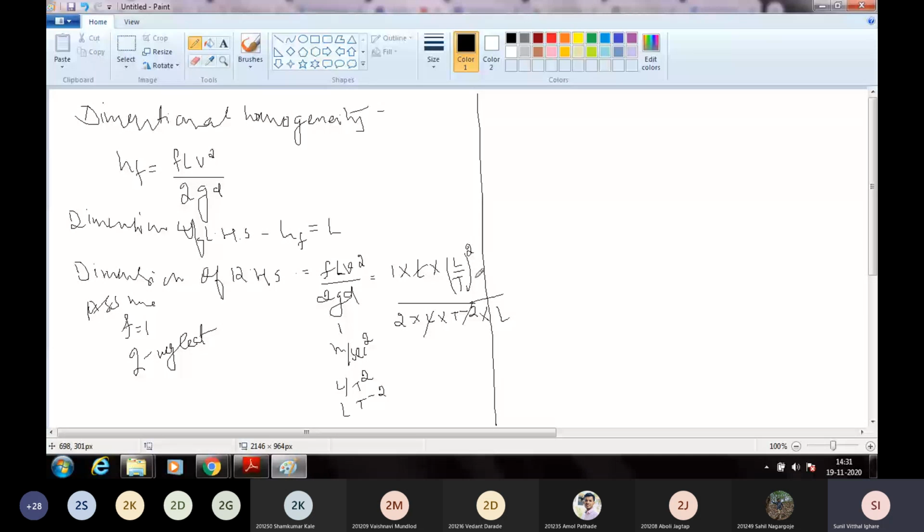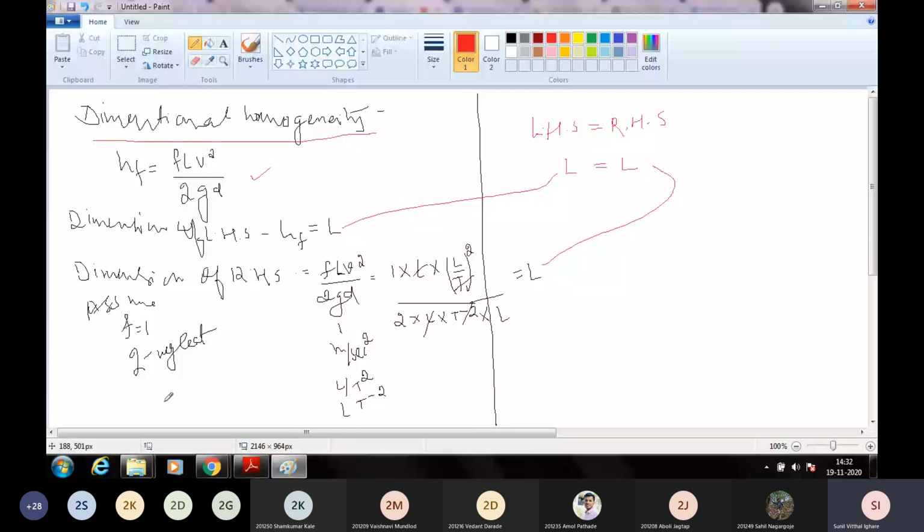Ultimately you will get the answer that is equal to L. Okay. So here we say that left-hand side is equal to right-hand side. That is L. This is left-hand side and this is right-hand side, L. So that means it is a dimensionally homogeneous quantity.